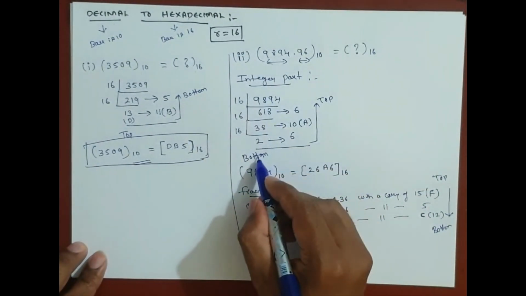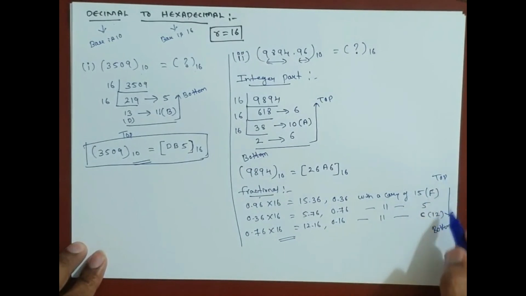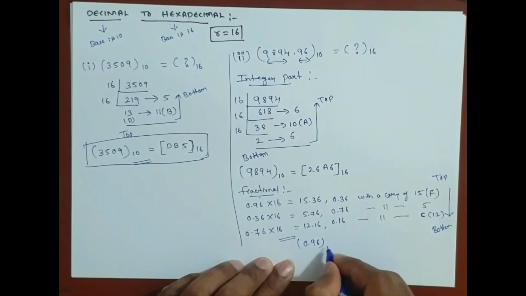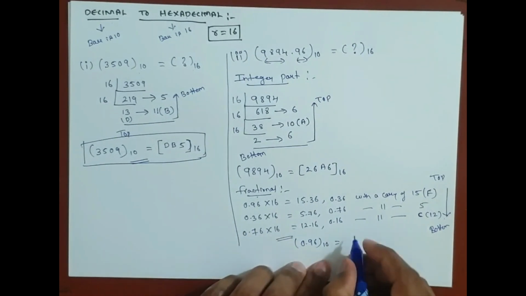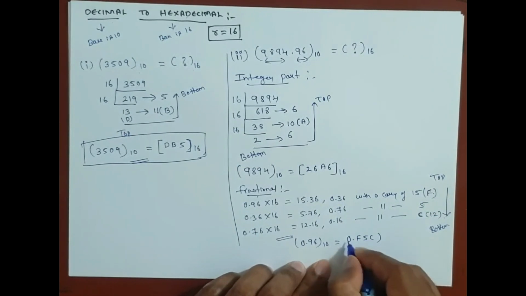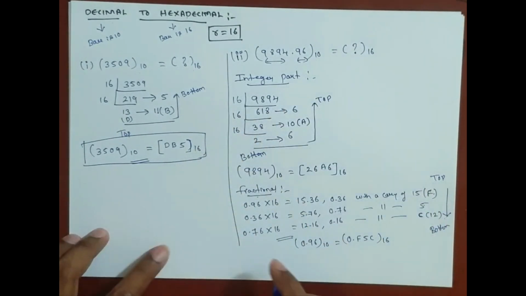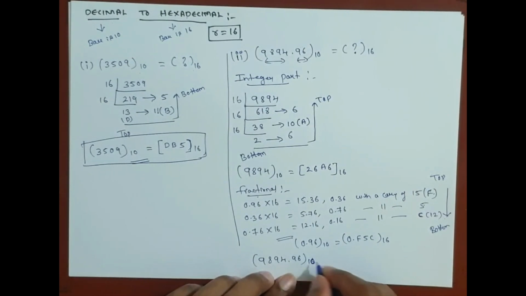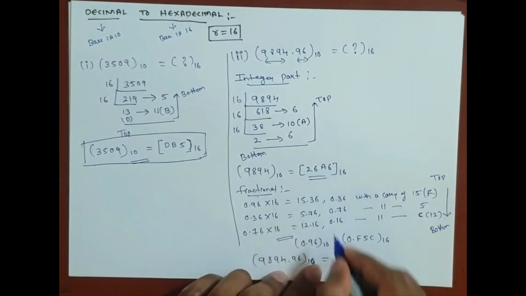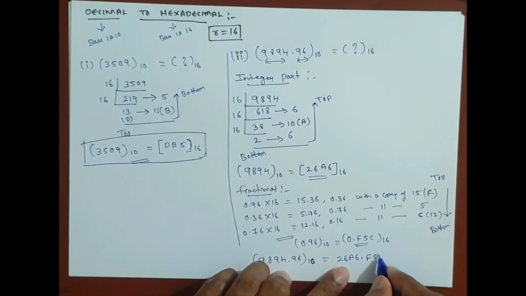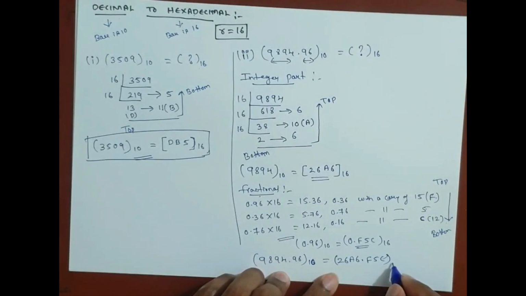For integer part, bottom to top; for fractional part, top to bottom. And the answer is 0.96, which is in decimal, can be written as 0.F5C in hexadecimal, and the combined answer will be 9894.96 in decimal can be written as 26A6.F5C in hexadecimal.